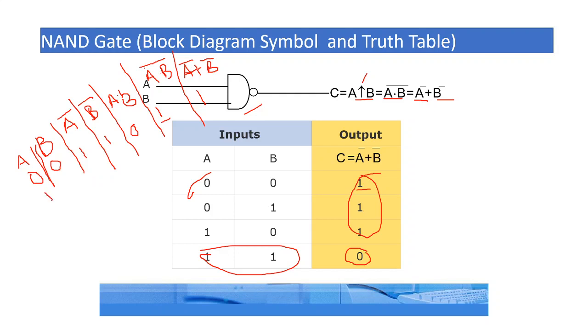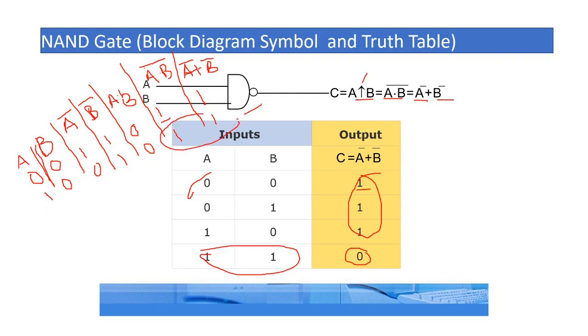Similarly, if we have input A equal to 1 and B equal to 0, so A bar is equal to 0, B bar is equal to 1. A dot B means 1 dot 0 is equal to 0. (A dot B) bar, its complement, is 1, and A bar plus B bar, A bar here is 0 and B bar here is 1, so A bar plus B bar is 1.